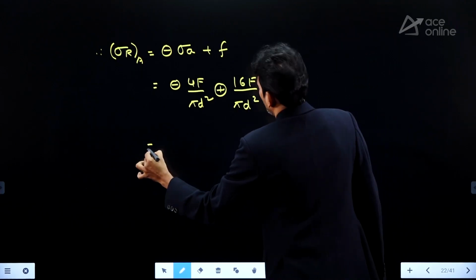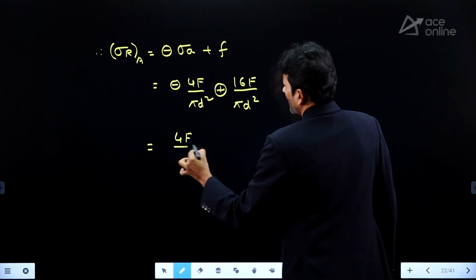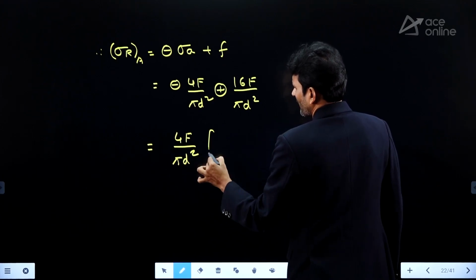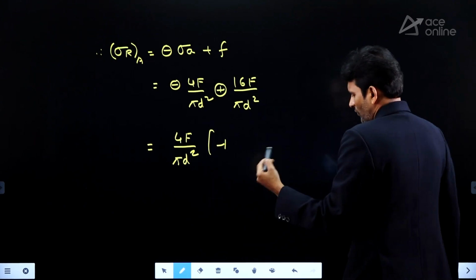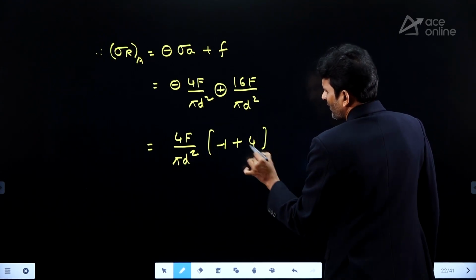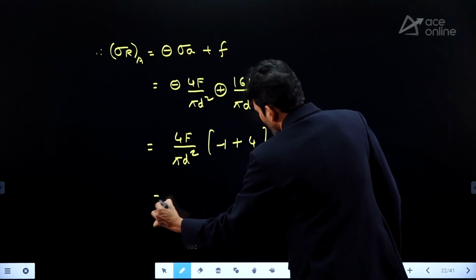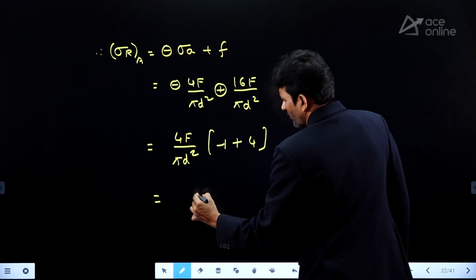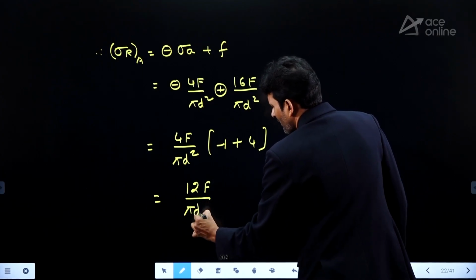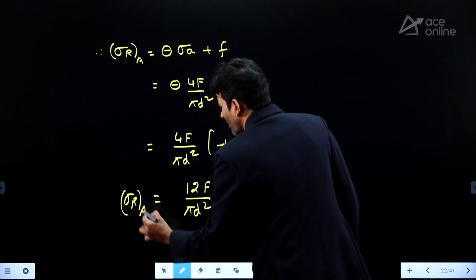You can take 4F divided by pi d square as common. Then it is minus 1 plus 4. Just simplify this: 3 4s are 12. 12F divided by pi d square is the resultant stress we are observing at point A.